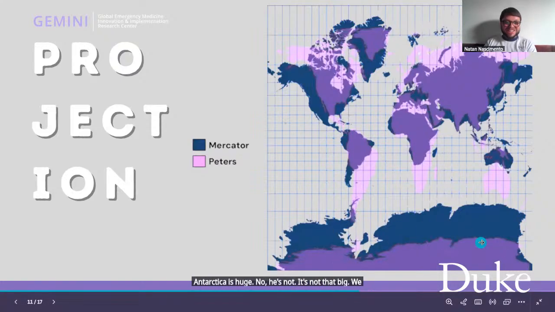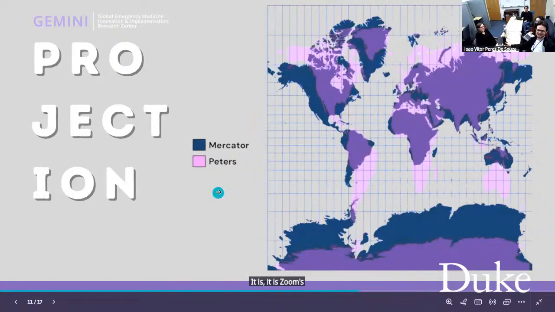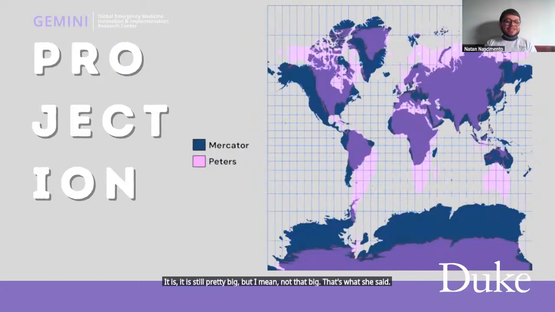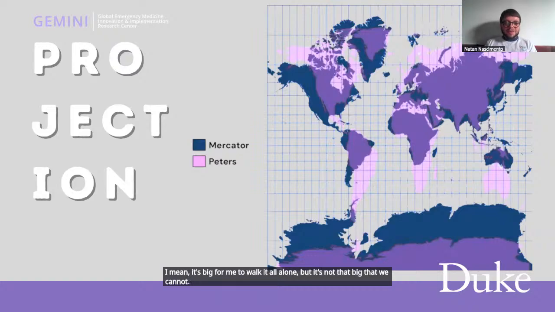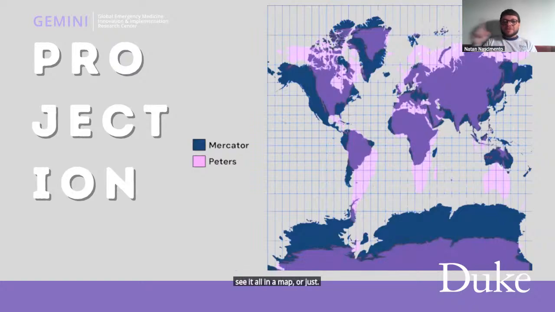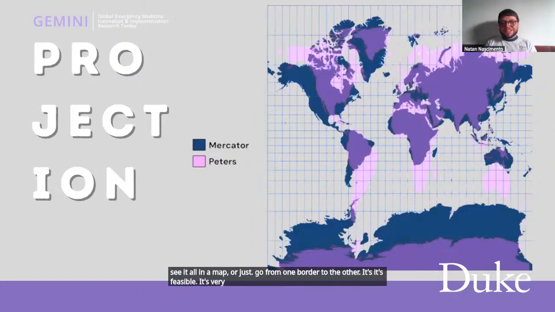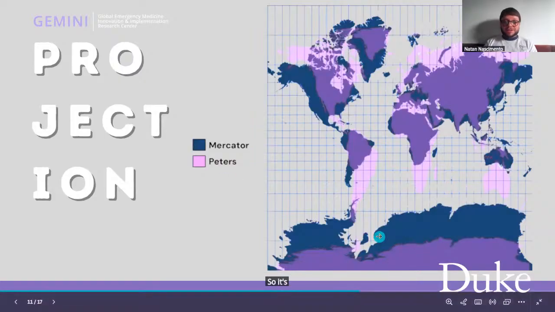It is pretty big, but not that big. I mean, it's big for me to walk it all alone, but it's not so big that we cannot see it all in a map or go from one border to the other. It's feasible, very feasible. So it's not that big.